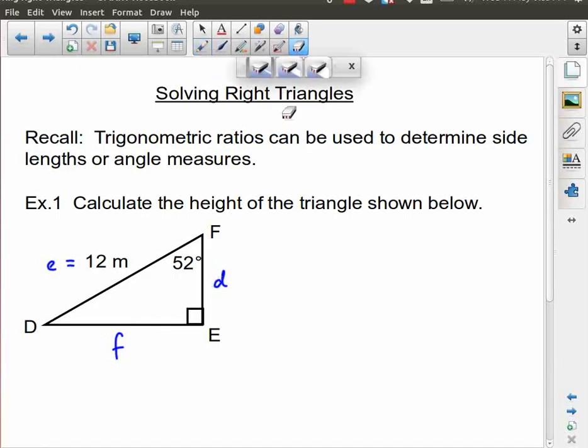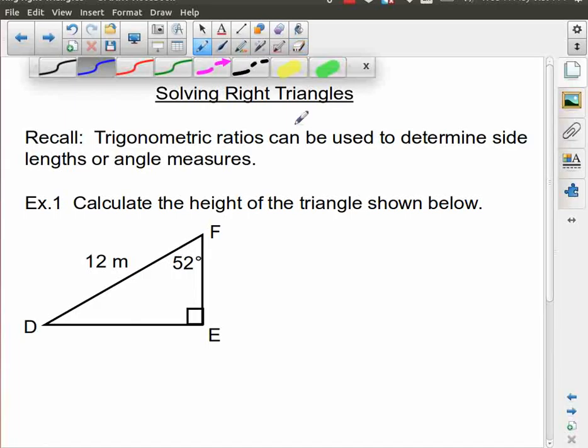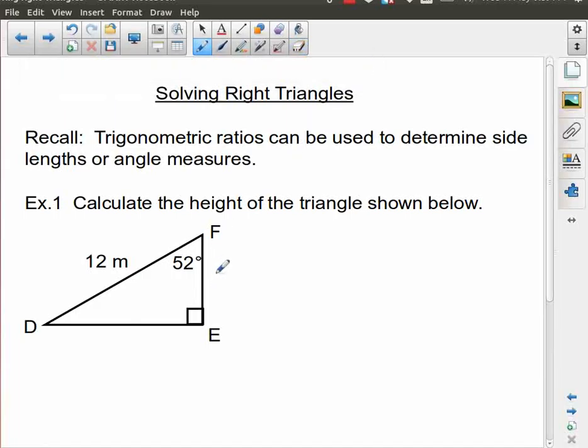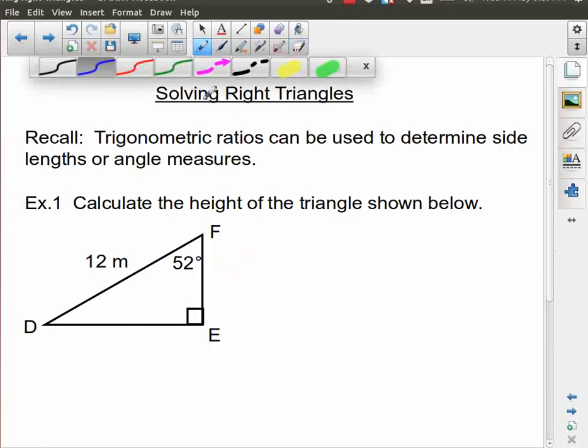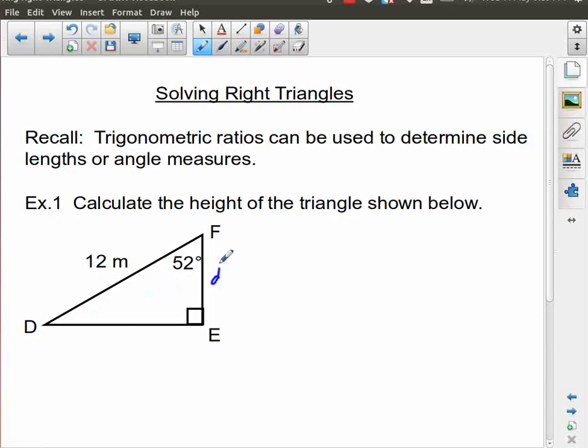And a third option is you can just label things using variables yourself. And if you're going to just label them according to whatever letters, then you're going to want to use letters that are somewhat meaningful. So for example, in this case, we're trying to find the height, so you might label that as H. Now in general, I'm going to encourage you to use the most established, the most normal convention, and that would be, in this case, I'm going to label this side D because it's across from the vertex D. So I'm going to calculate the height of this triangle.